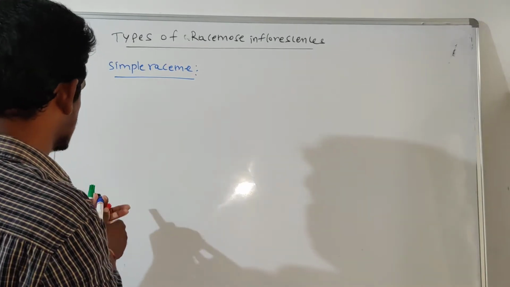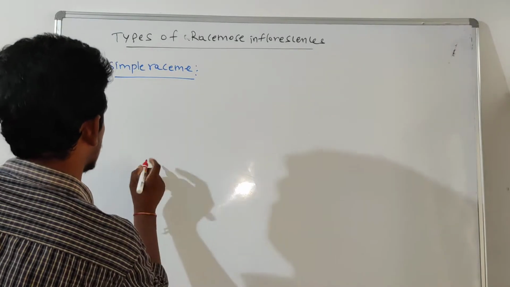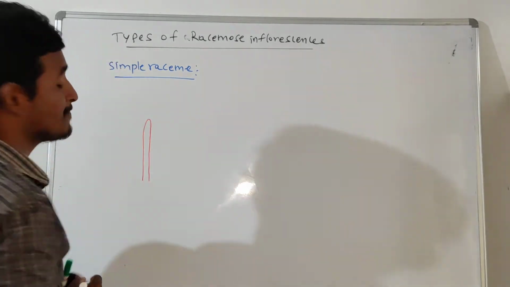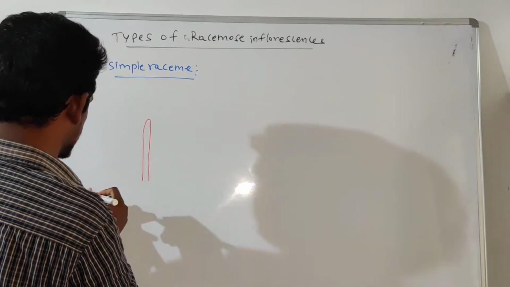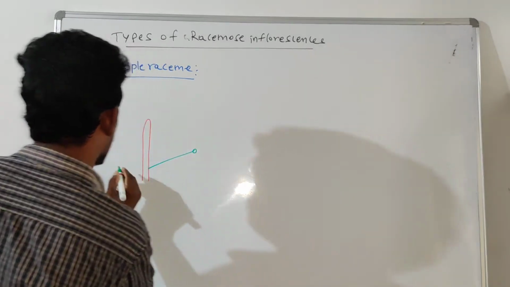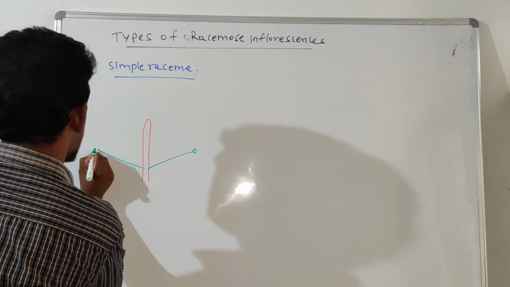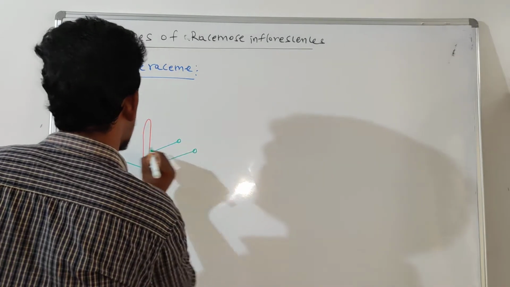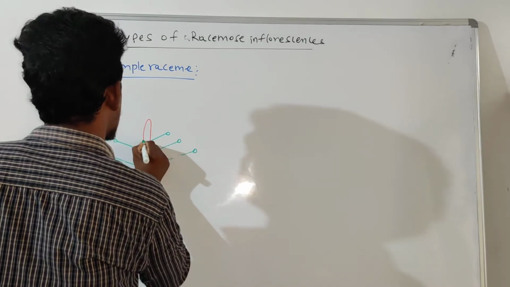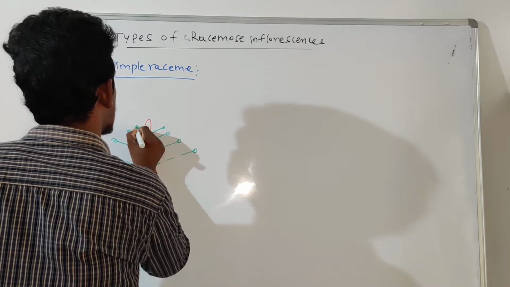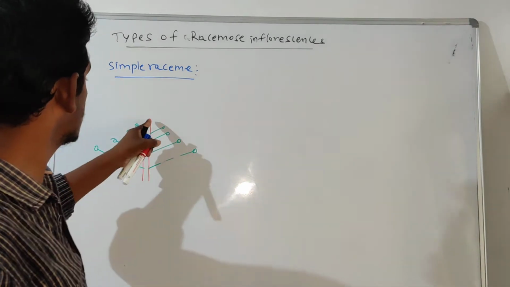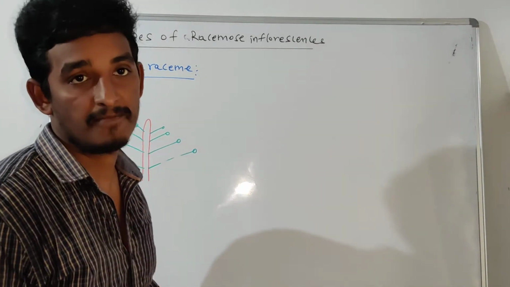So here the flowers, see, it is a peduncle, right? And these are flowers. It shows continuous growth, right? This peduncle grows continuously.